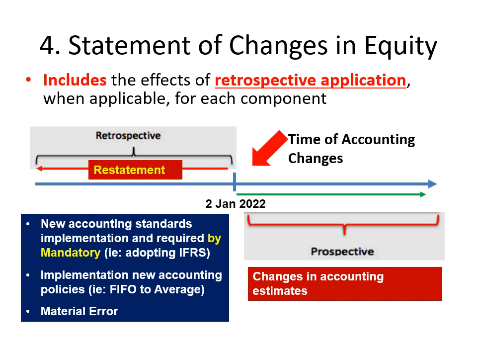The second example, as we can see on the blue box here, is that the company might implement a new accounting policy, for example, from FIFO to the average method. This is a similar condition: if the company adopts a new accounting policy from FIFO to average, then the change should have retrospective effect.